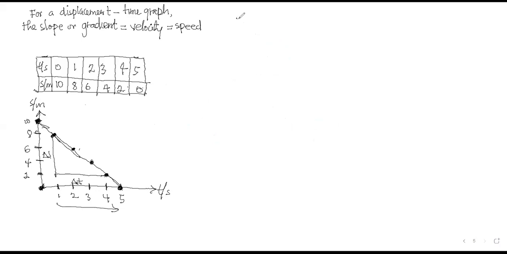We've just seen that if you have a displacement time graph, and whenever we have a straight line, this is for uniform velocity motion.